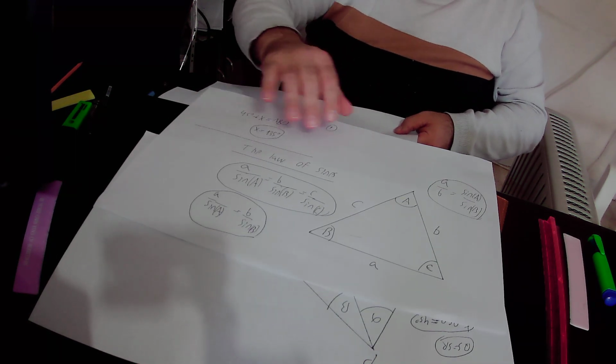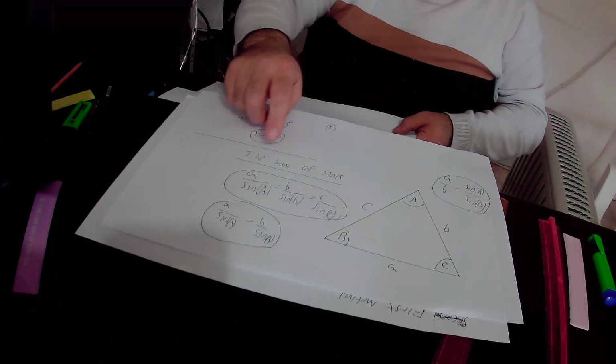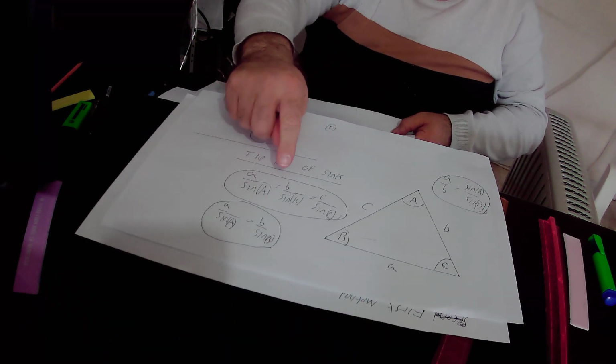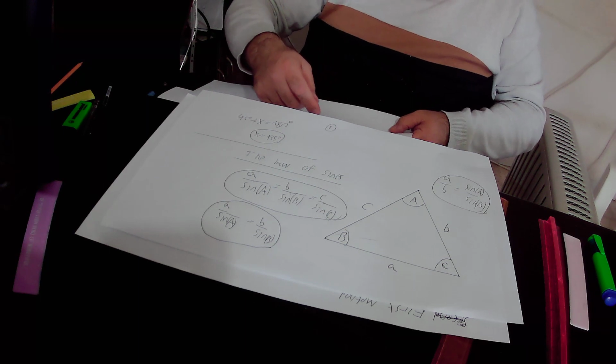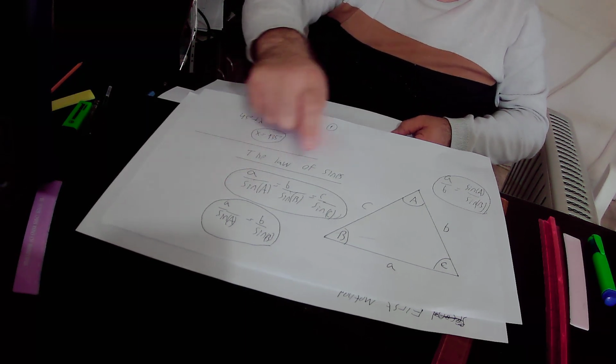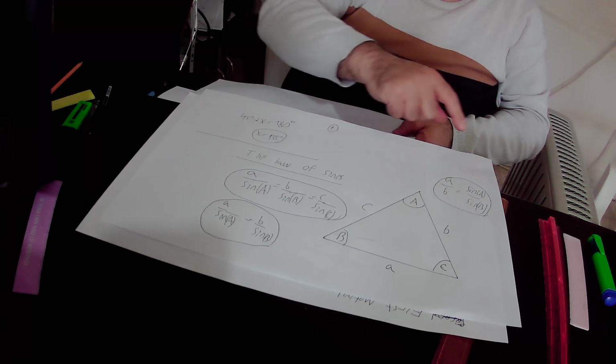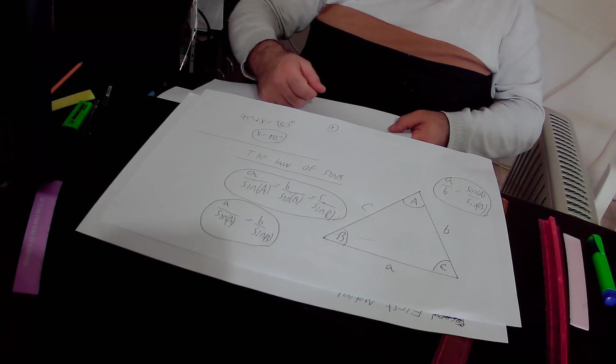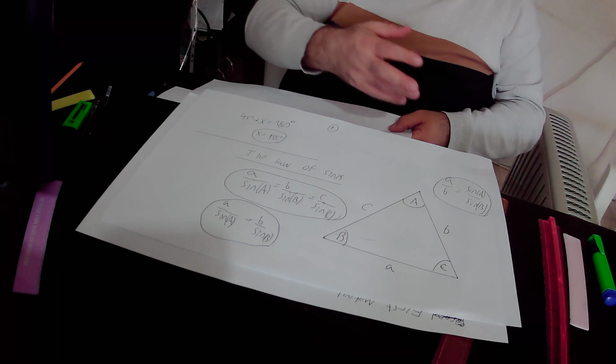So from this formula, we can derive that a over sine A equals b over sine B. We will cross multiply this formula, and we will get that a over b equals sine A over sine B. What does this formula mean?